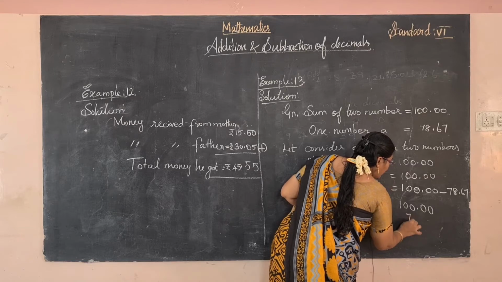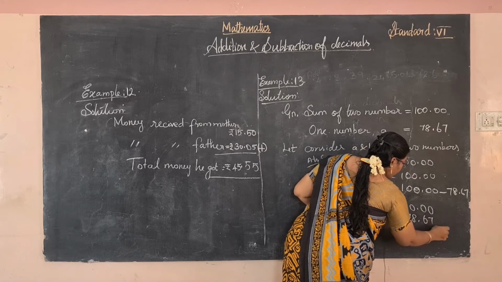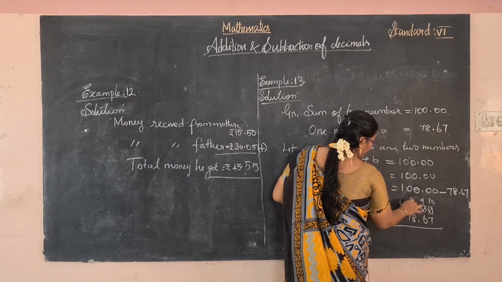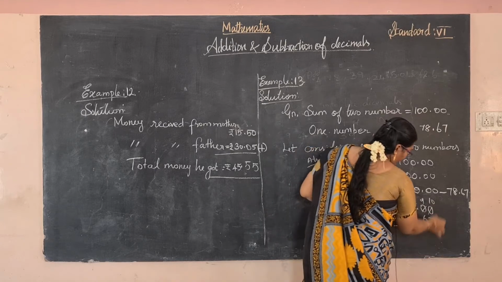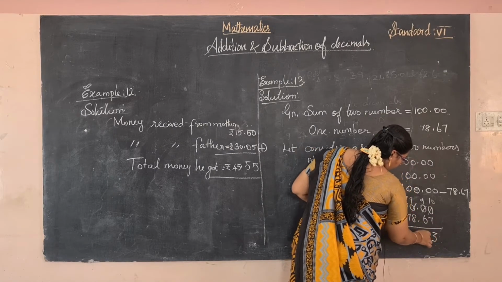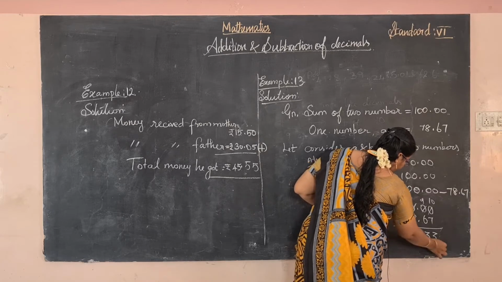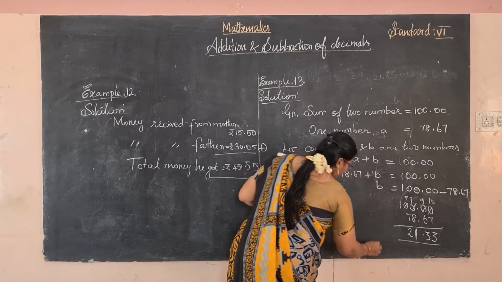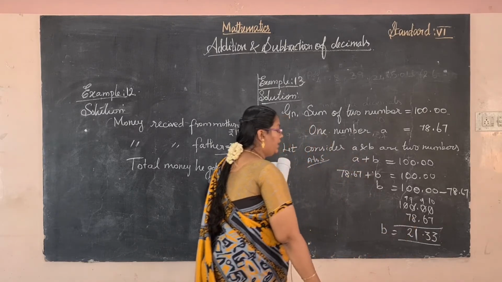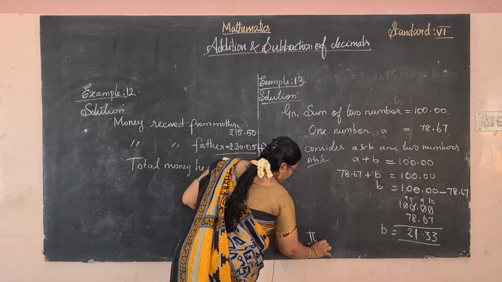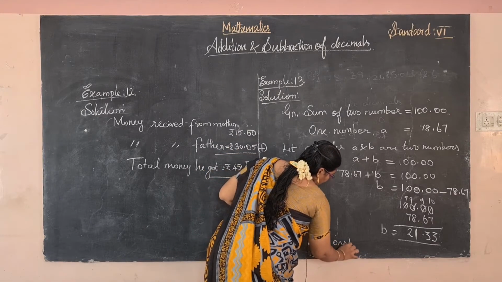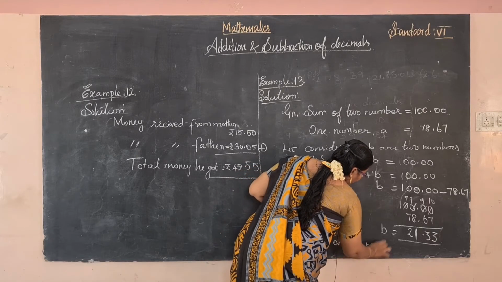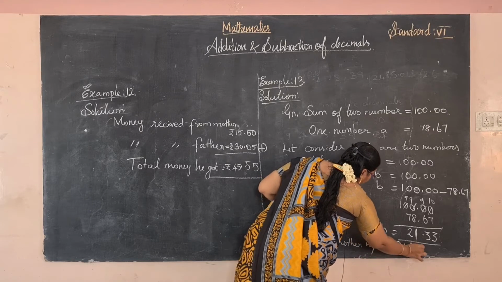Calculate in column: 10, 9, 9, 9; 3, 3, 1, 2. So what is the answer for the other number? 21 point 33. Thus B is equal to 21.33. Thus the other number B is equal to 21.33.